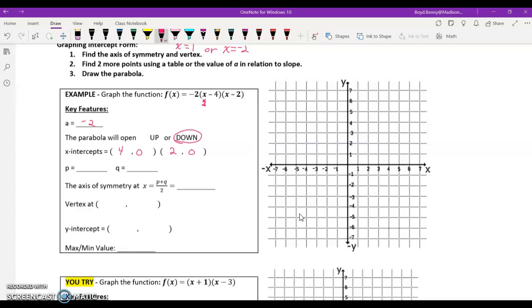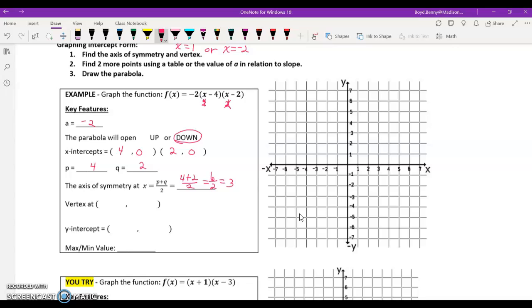If I put a 2 in here, same case, 2 minus 2 is 0. All right, so my p is 4, my q is 2, my axis of symmetry would be 4 plus 2 divided by 2, and that would be 6 divided by 2, or 3.